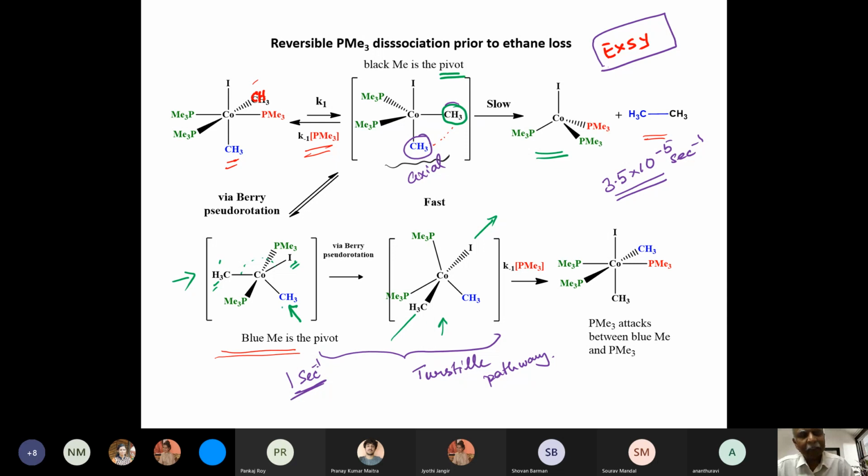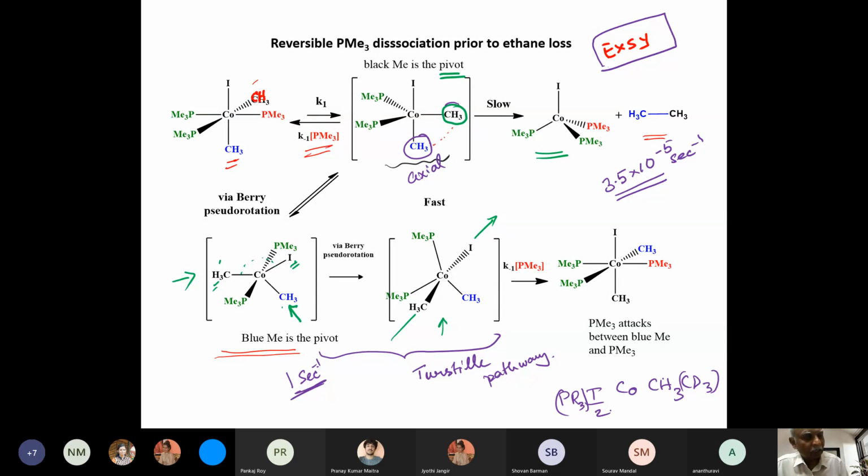They did one experiment where they took CO, CH3, CD3, I with PR3 twice.